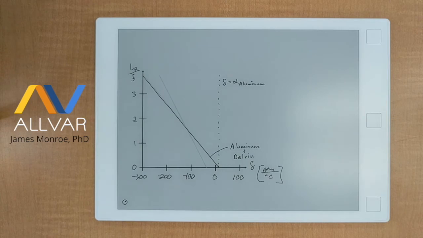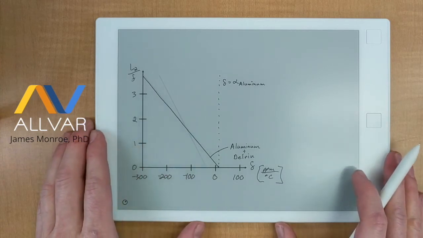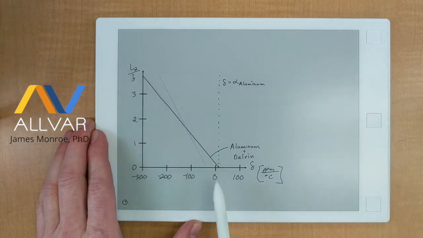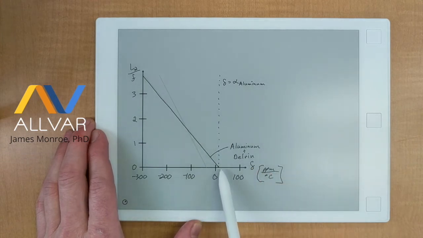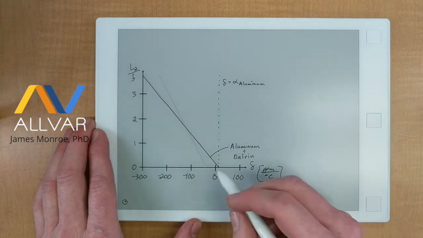So if we take a step back actually, and take a look at the Aluminum-Delrin system. Again, it's bounded by the coefficient of thermal expansion of aluminum. And instead of replacing the aluminum with ALLVAR Alloy 30, we replace the Delrin with the ALLVAR Alloy 30. We see something interesting.